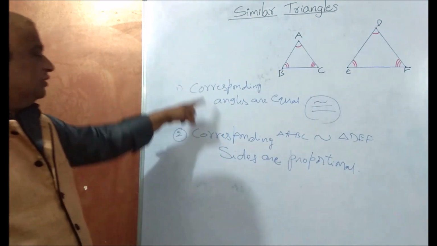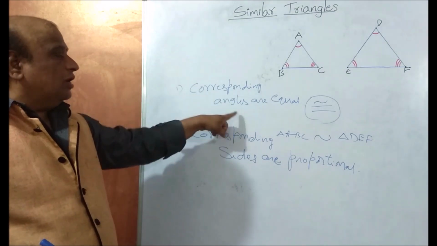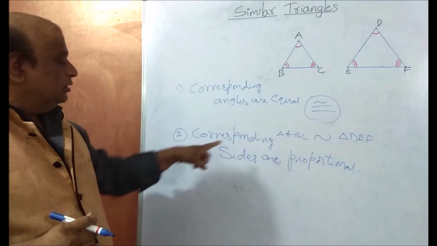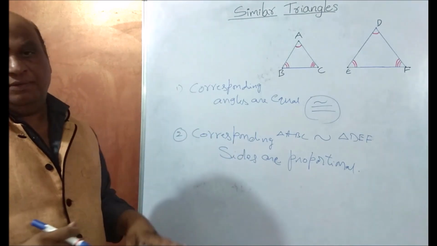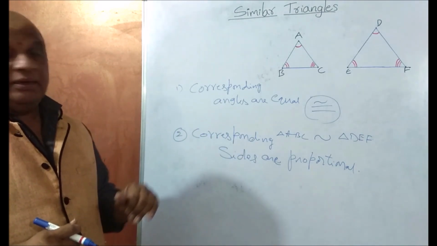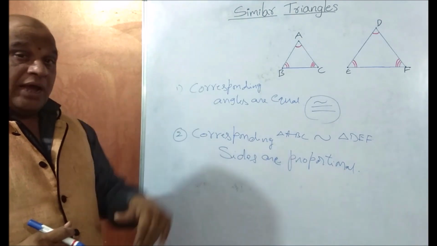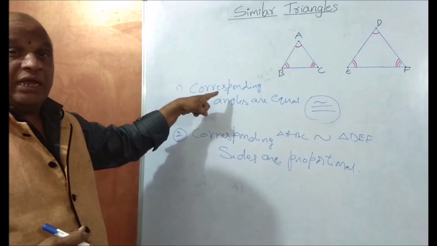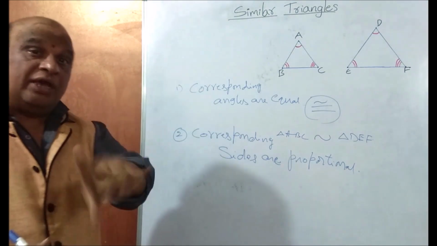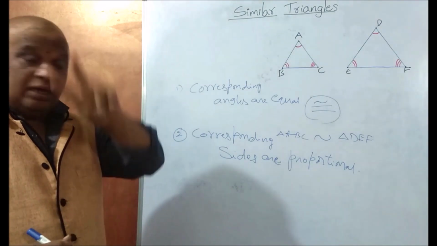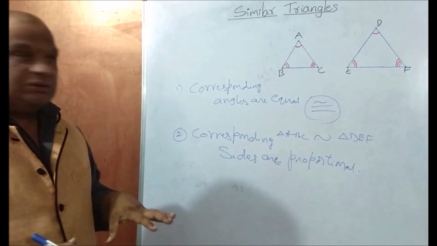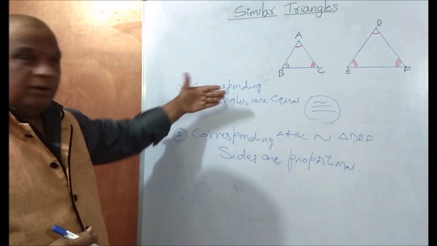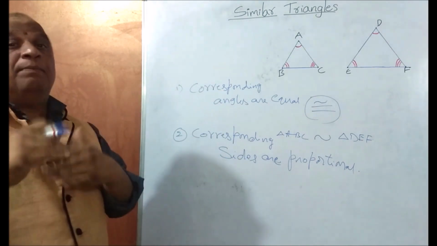This is the second condition. Corresponding angles are equal, this is the first condition. Second condition, corresponding sides are proportional. But in congruent triangles, corresponding angles are equal, corresponding sides are also equal. These are the conditions of congruent triangles. But in similar triangles, corresponding angles are equal, but corresponding sides are proportional.